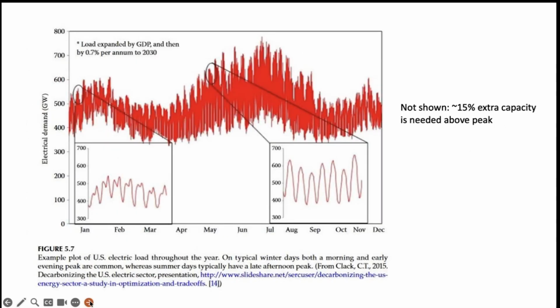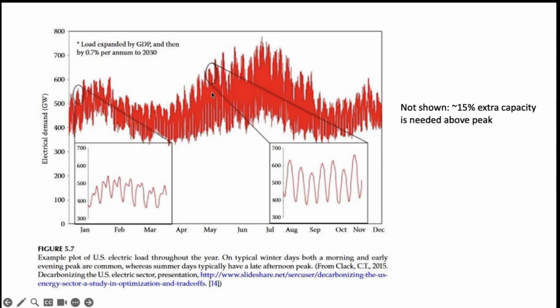All right, so here we look at a plot of U.S. electrical load throughout the year. So January through December, electrical demand in gigawatts, 0 to 800. In January it comes up, that's winter heating, right? And then in the spring, we don't need so much energy because it's pretty comfortable.